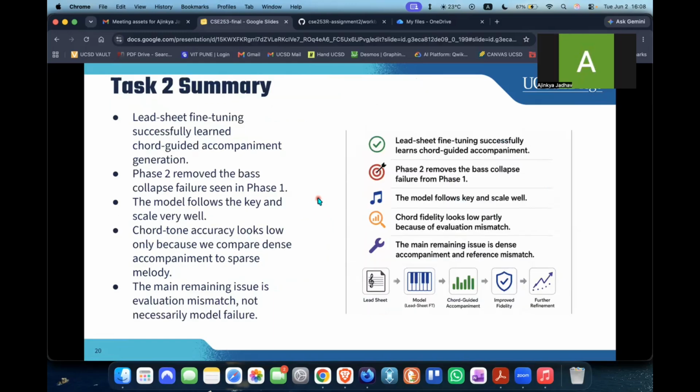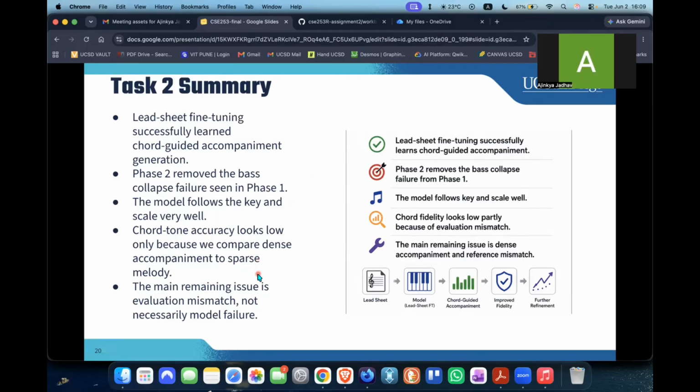Summing up everything, this is the summary for the entire task 2. Basically, in phase 2 of task 2, we removed the bass collapse that was seen. The model followed the key and the scales very well. The chord tone accuracy looks low only because we compared the dense accompaniment to the sparse melody.